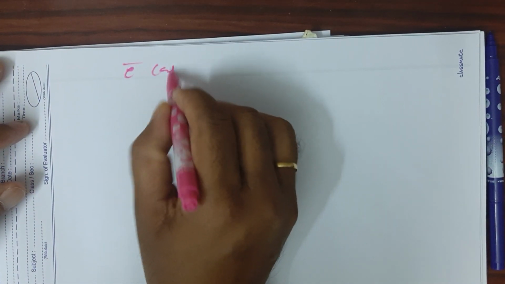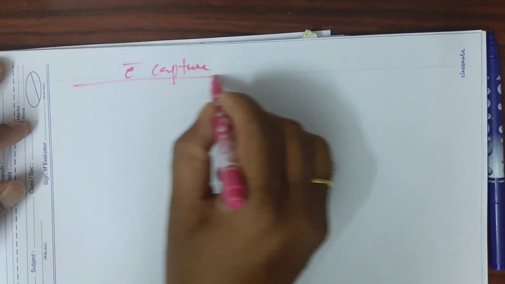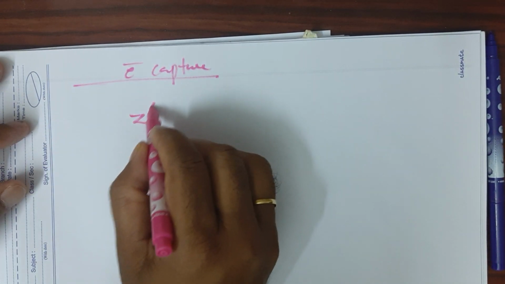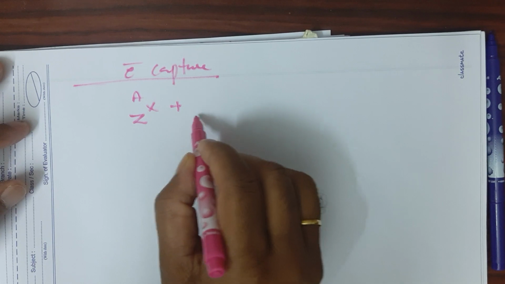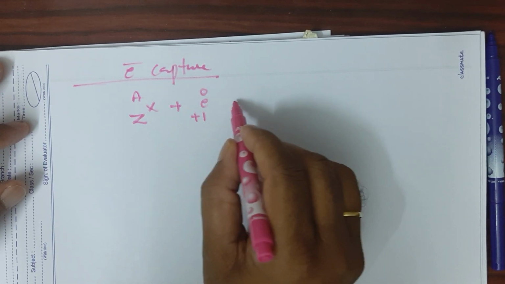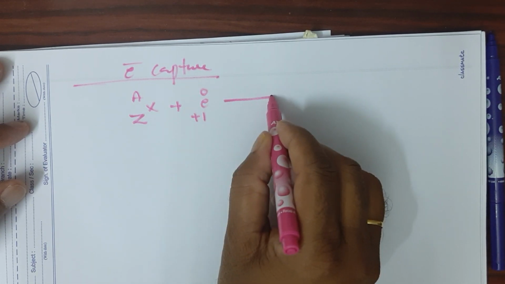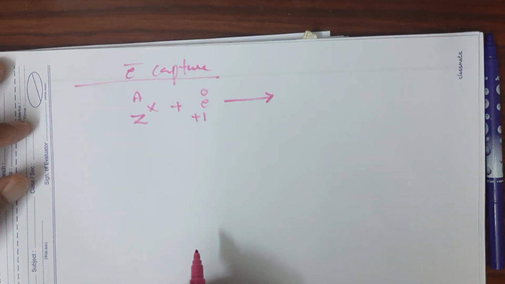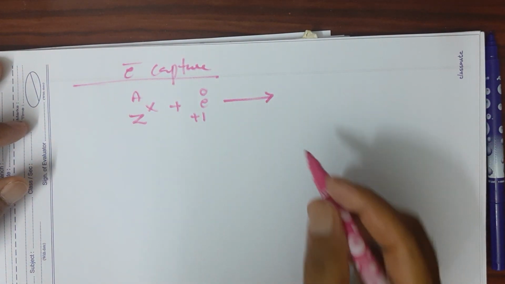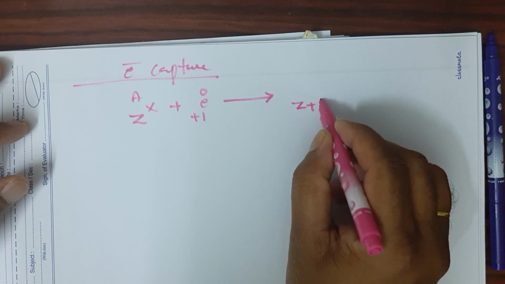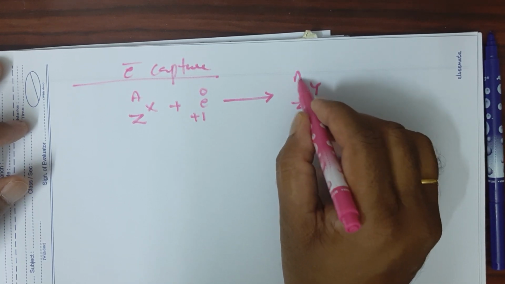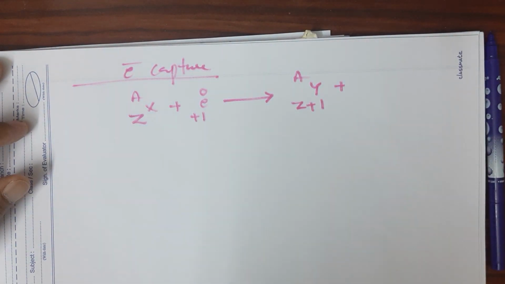The third one is electron capture. In electron capture, the equation is ZXA plus electron. This electron in the K shell will be absorbed by the proton of the nucleus. Then you get Z plus 1 YA plus neutrino.